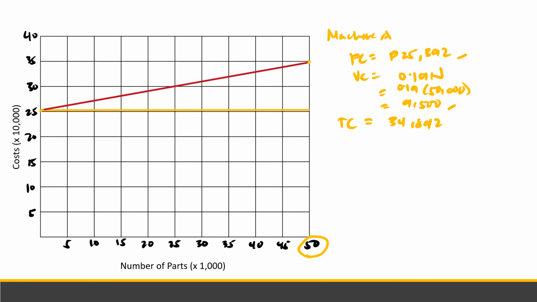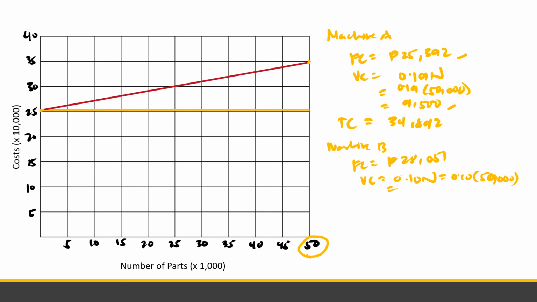Now for machine B, meron tayong fixed cost na 28,051 pesos and a variable cost of 0.10 n. So say 0.10 n is 50,000.